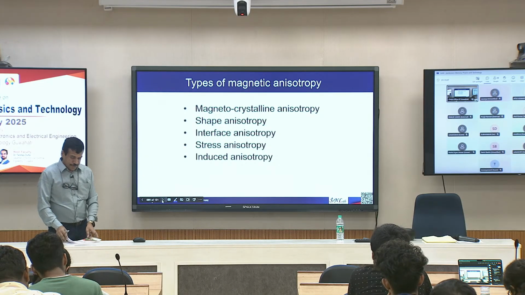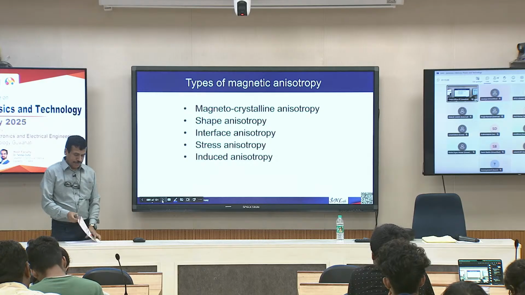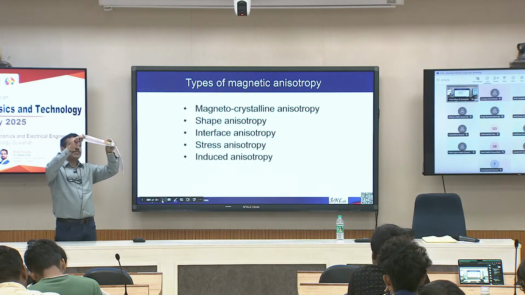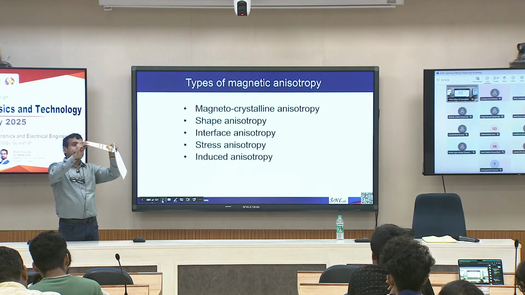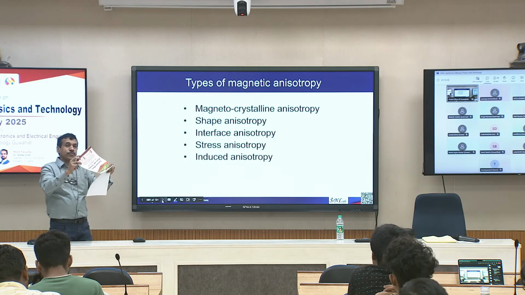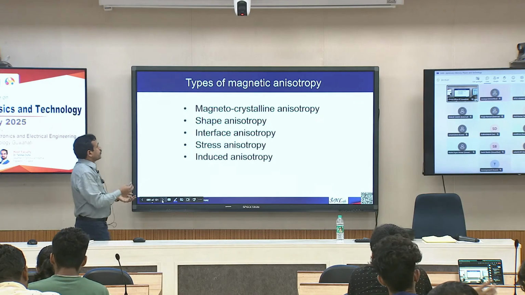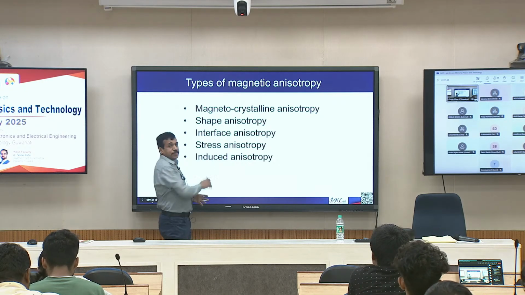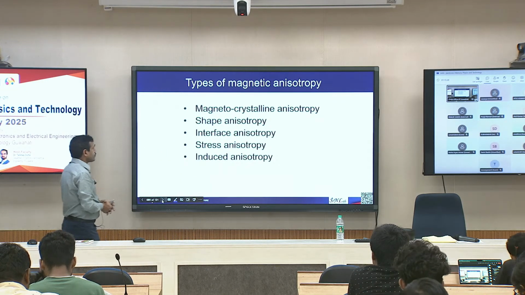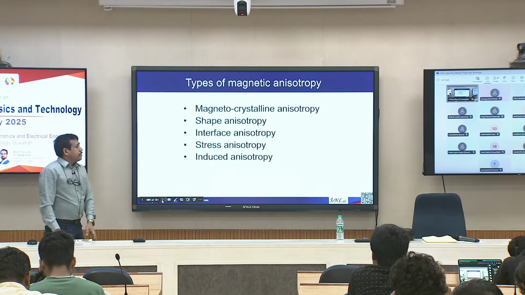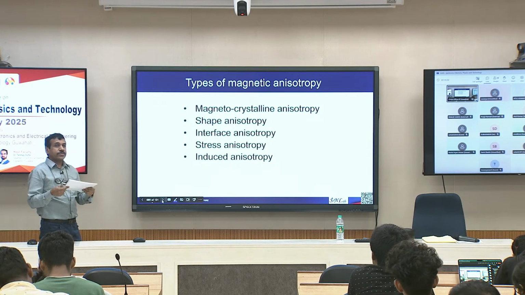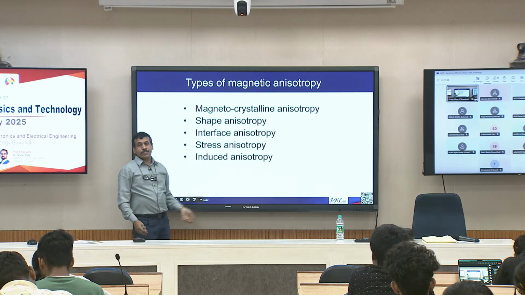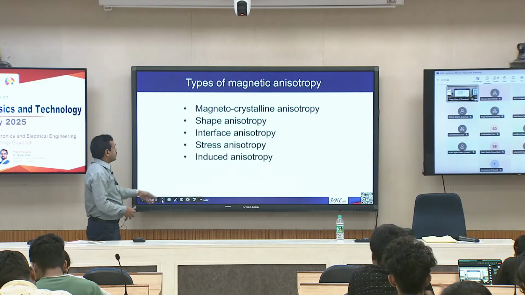Okay, let's say you keep two different materials together. Let us say this is one piece of material, and this is another type of material. You put them together, then there is an interface between these two materials. And if the anisotropy comes because of the interface between two different materials, then we call it interface anisotropy. And let us say you bend or stretch some film, you cause stress in the material, and if the anisotropy comes from the stress, then we call it stress anisotropy.